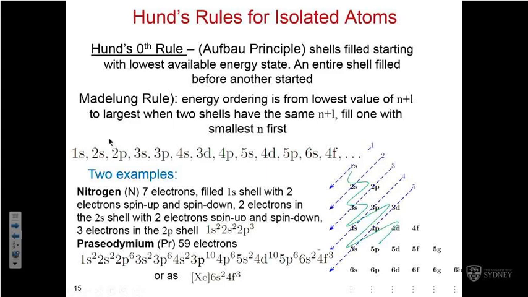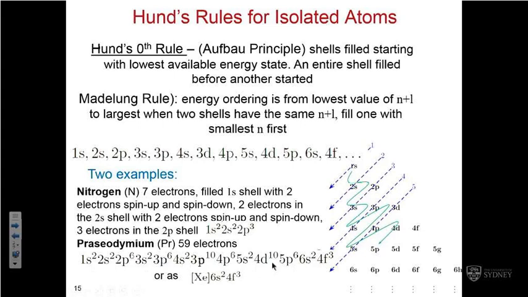I think in different countries it's got various names. So an example here is this praseodymium atom. It's got very many electrons, 59. If you follow this filling rule, you will end up with the electronic configuration given down here.